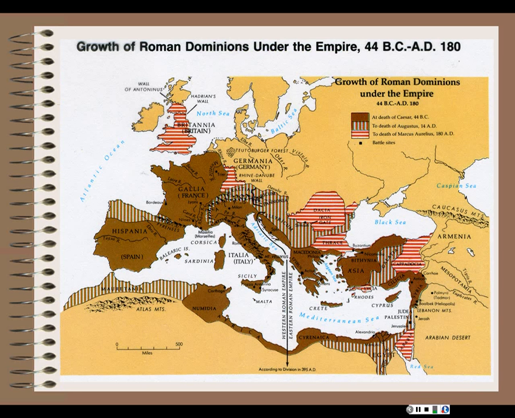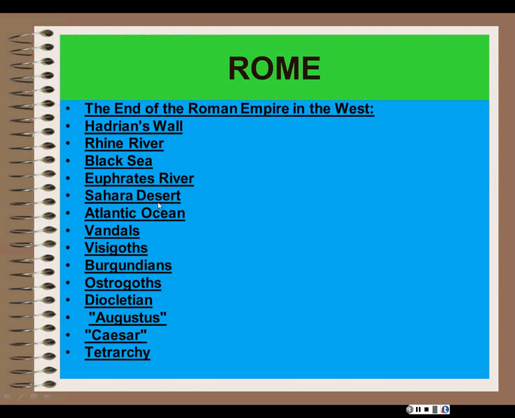So you see how Rome grew, and eventually it would grow all the way up into Britain, as you see here, and all throughout the Middle East and Northern Africa, becoming a Mediterranean as well as an Atlantic empire.